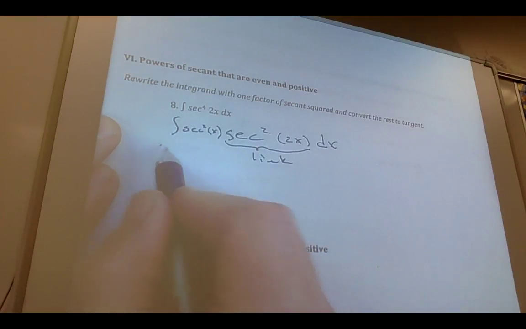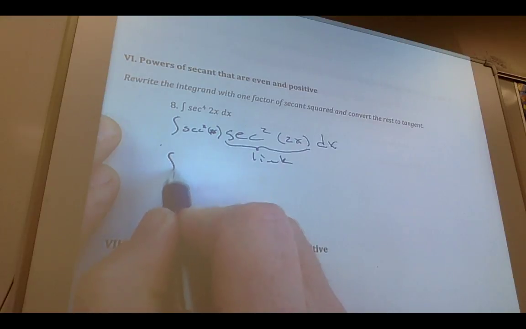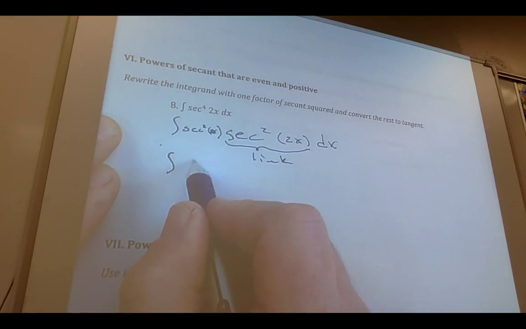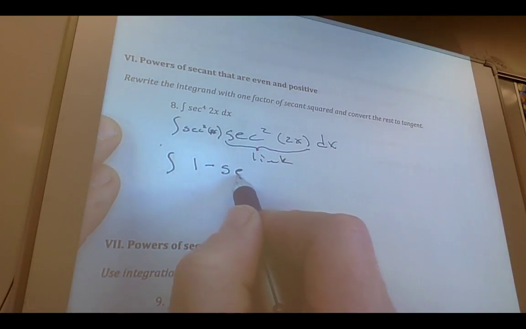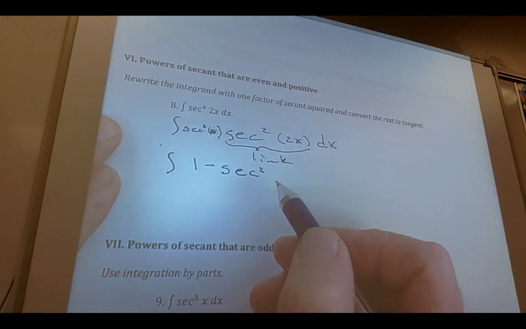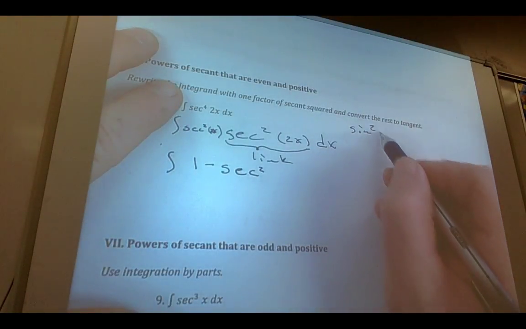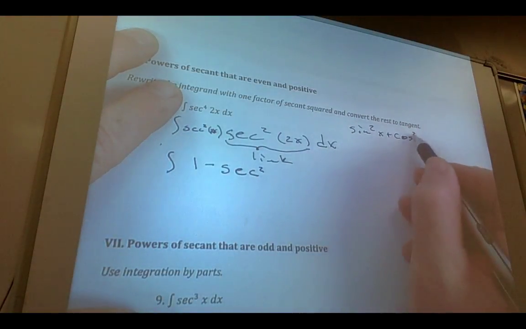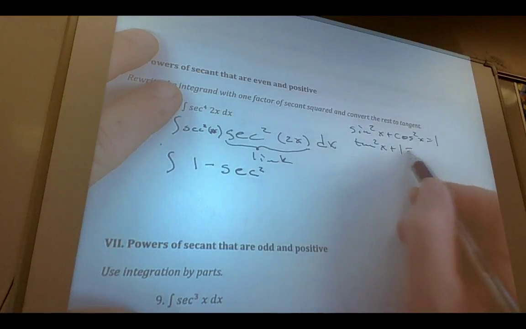Is that 2x in the parentheses? There's a 2, yep. So I'm going to have 1 minus secant squared, is that correct? What did I give you on the notes before? I had sine squared x plus cosine squared x equals 1, and then I divided by cosine, and I got tangent squared x plus 1 equals secant squared.